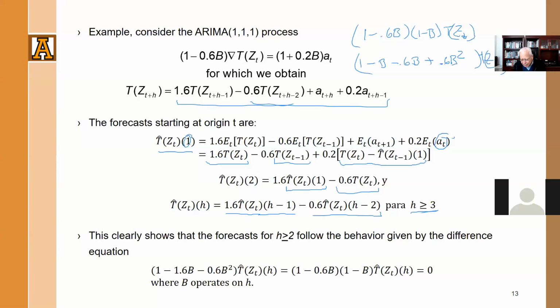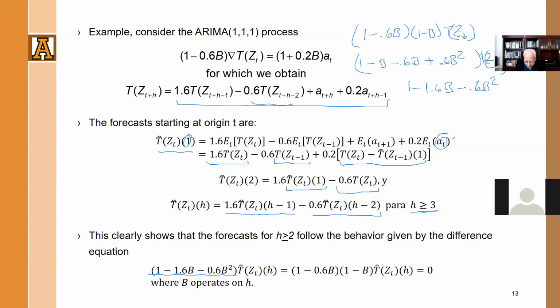So that's 1 minus B minus 0.6B, which is 1 minus 1.6B, and then minus 0.6B squared, which is this polynomial here. Okay, so that equation is determining the behavior of the forecasts for h greater than or equal to 2. That's what determines the behavior.